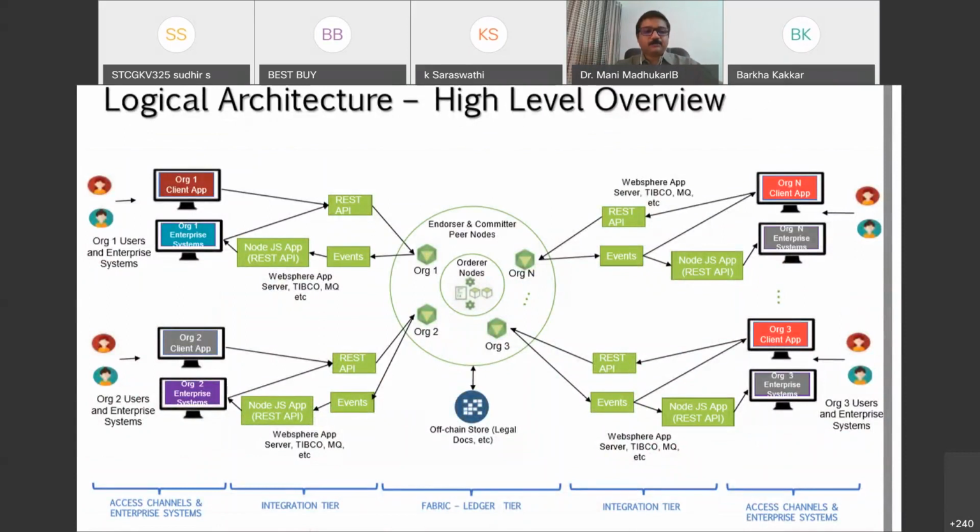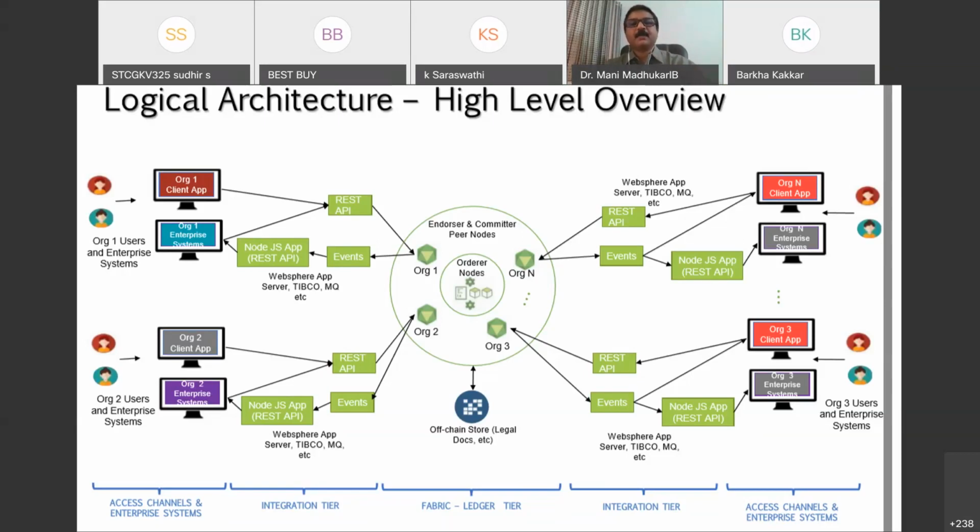So if you try to read it from the left side of the infograph, you see access channels and enterprise systems, right? The example which Shikha, even Ruchika, was showing you yesterday, there is a client application which is talking to the blockchain-based system through an SDK, maybe a Node SDK, or a Java or Python SDK. Here is a client application, an enterprise system, which talks to an endorser or a committer using that Node.js app or REST API.